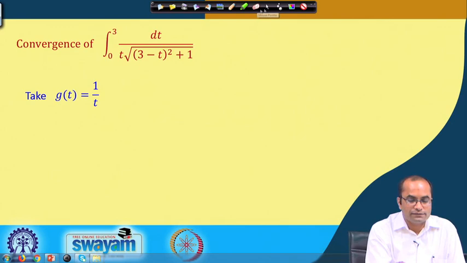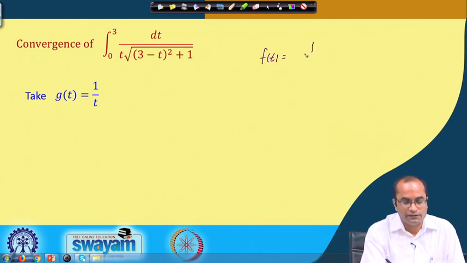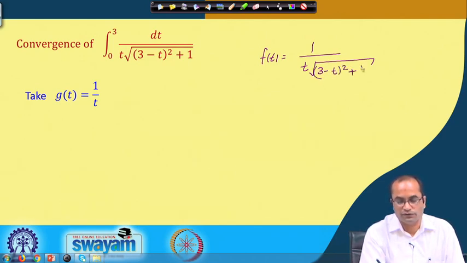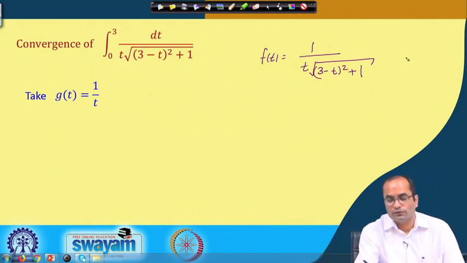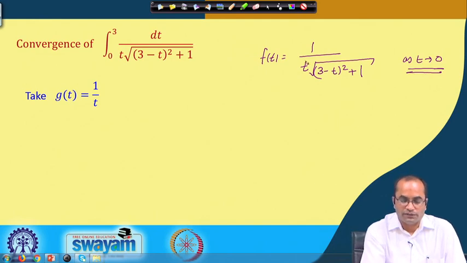The reason why we are taking 1 over t is clear. Our integrand was f(t), 1 over t times the square root of (3 minus t) whole square plus 1. As t approaches 0, where is the problem? This 1 over t is creating the problem.